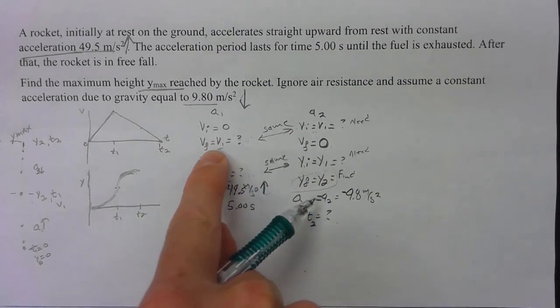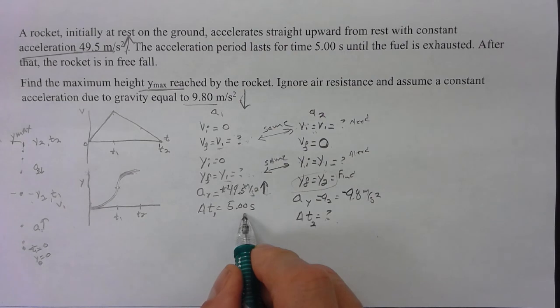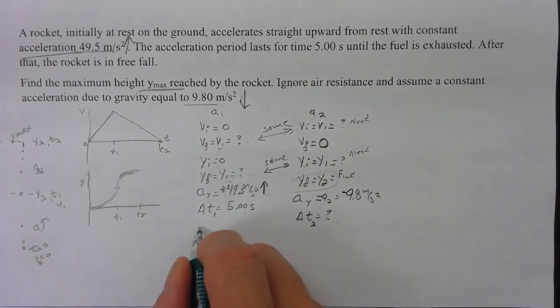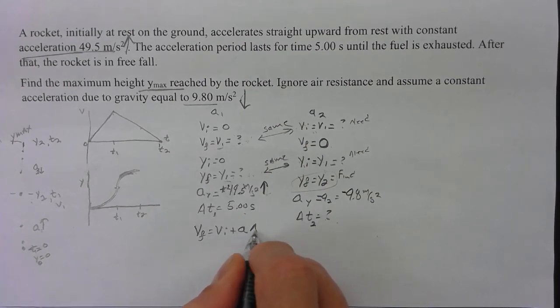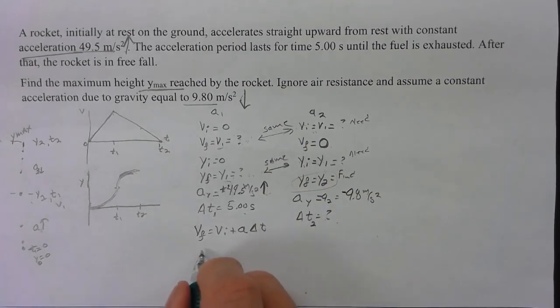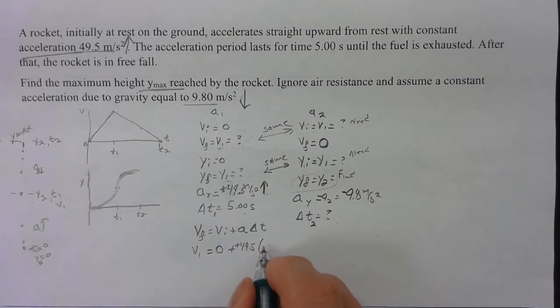So let's find velocity first. I have time. I don't have position. That leads me to final velocity is initial velocity plus acceleration times the change in time. So v1 is equal to my v initial, which is 0, plus my acceleration, positive 49.5, times the change in time, 5 seconds.